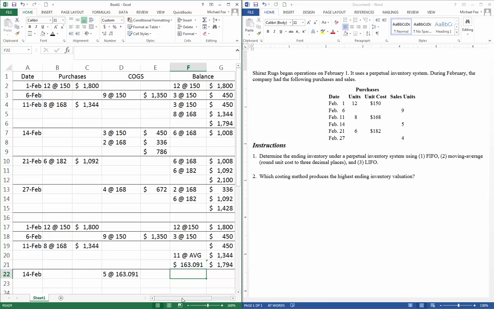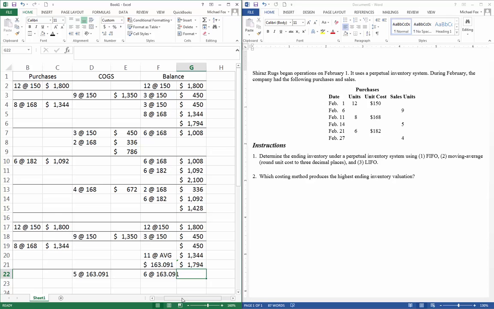My balance, if I sold 5, is going to be 6 units at 163.091, which will equal, here I'll do 5 times the 163.091.